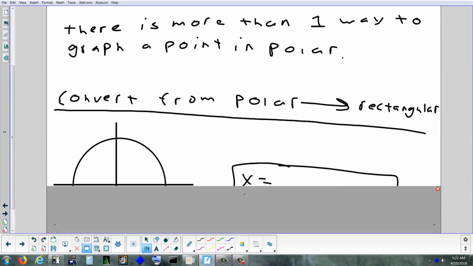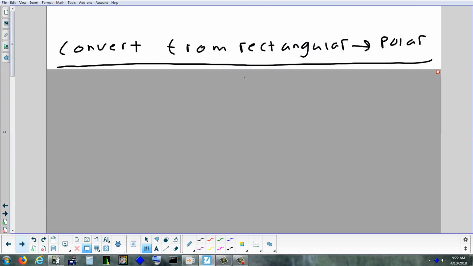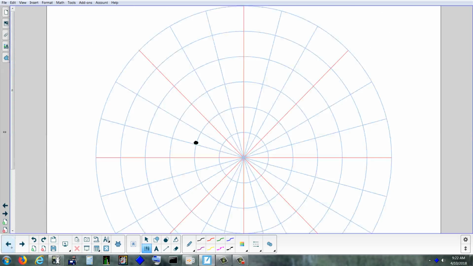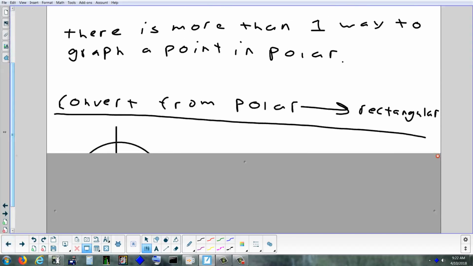All right. So the last two things we're going to look at is how we can convert a point from polar to rectangular. And then I think we're also going to do rectangular to polar. All right. So in polar, a coordinate is set up how? What are the two things they give you in polar?